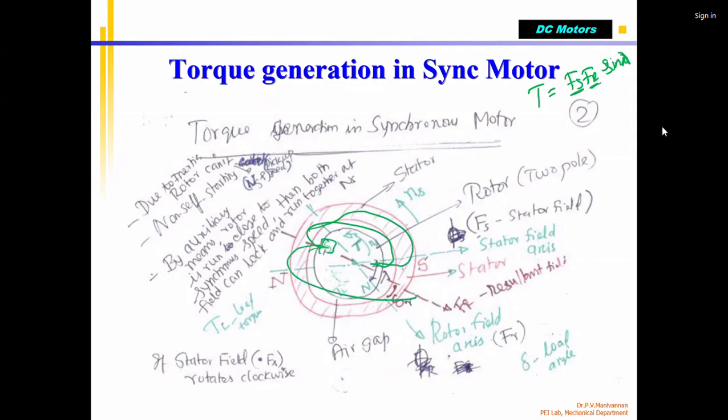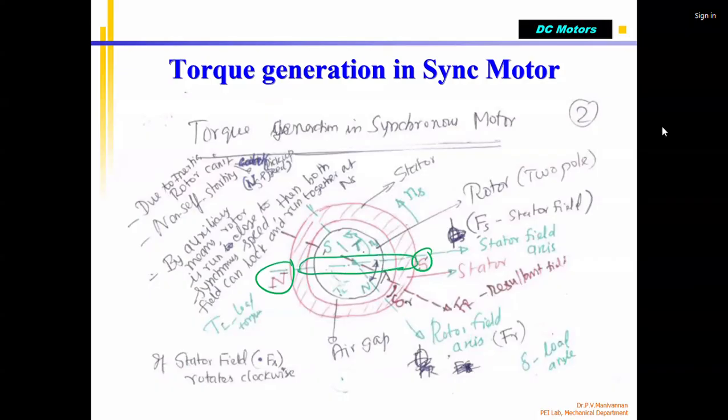It goes through this, comes out, and also interacts with the stator winding and stator core. Similarly, the magnetic flux created by the north and south poles of the stator also goes inside the rotor and comes back. So there are two magnetic fields interacting.